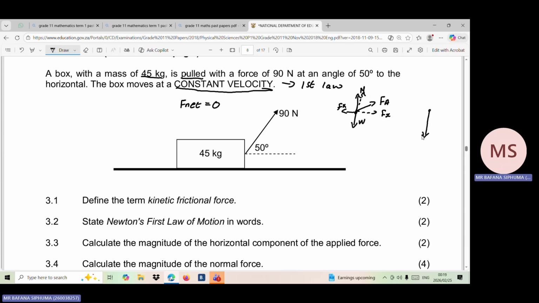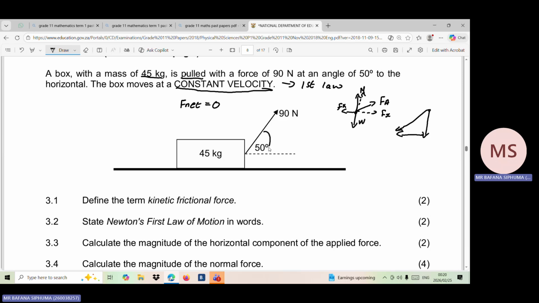And then I also have the horizontal component, which is going to that side, but in this case I draw it the other way around. And then I have my hypotenuse, which is the applied force itself.